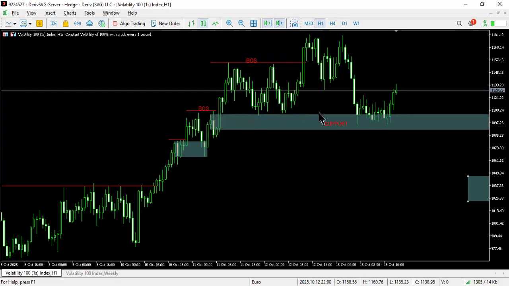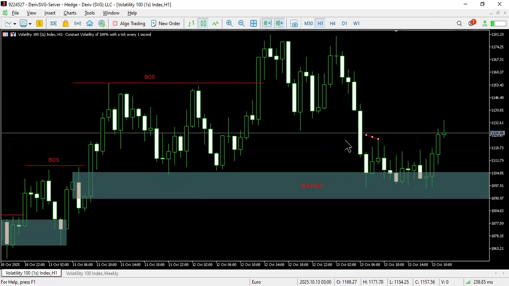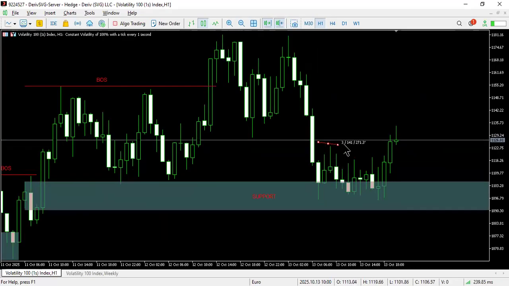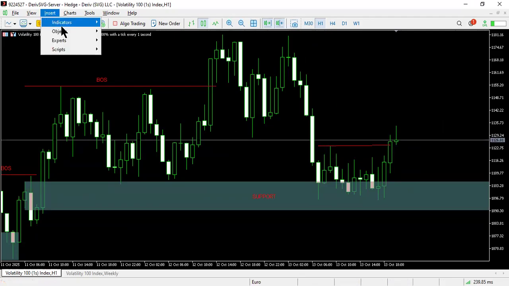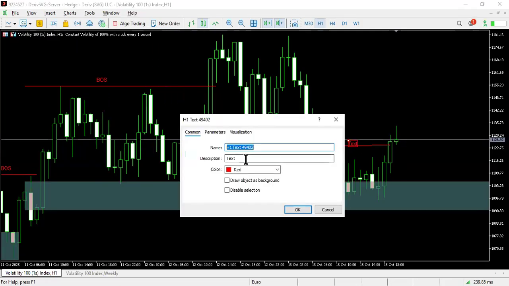So this is a clear confirmation that this impulsive move to the downside is over because we're having a change of character or break of structure here. Price is still breaking structures to the upside. So that is a break of structure.